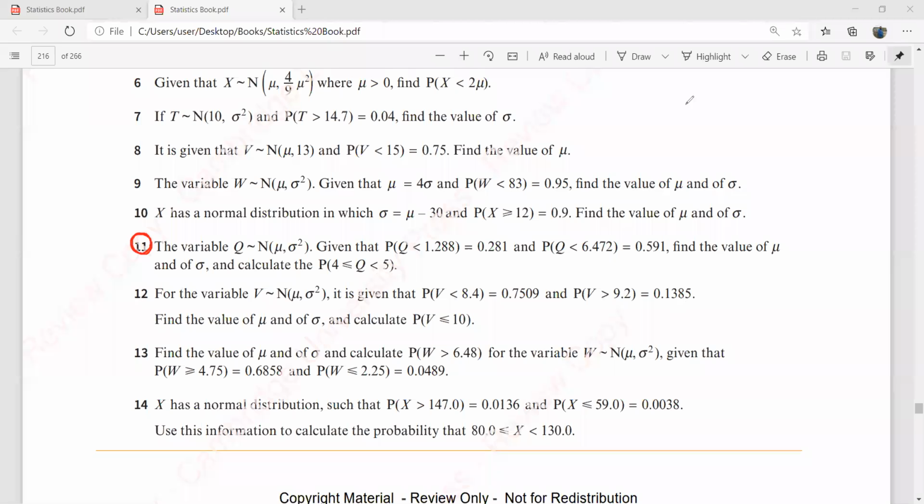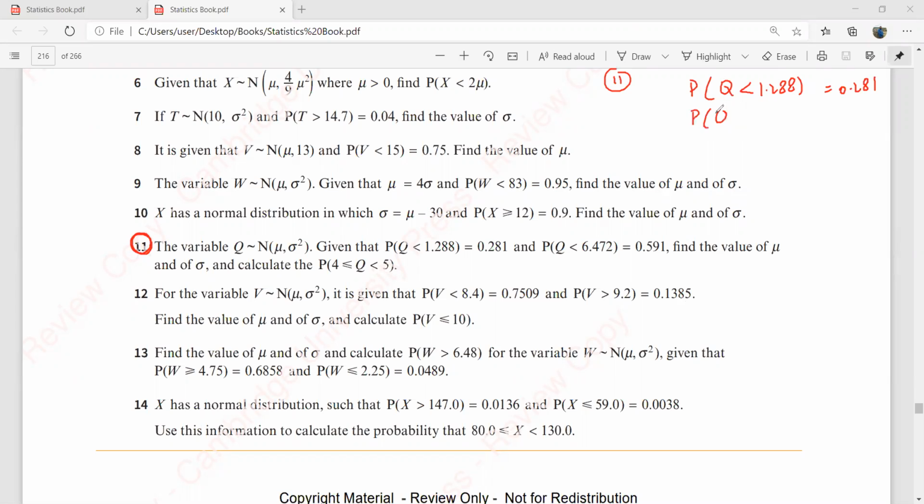Now this question says Q is normally distributed with this mu and sigma squared, and given that the probability Q is less than 1.288 is equal to 0.281. This is the 11th question I'm doing.